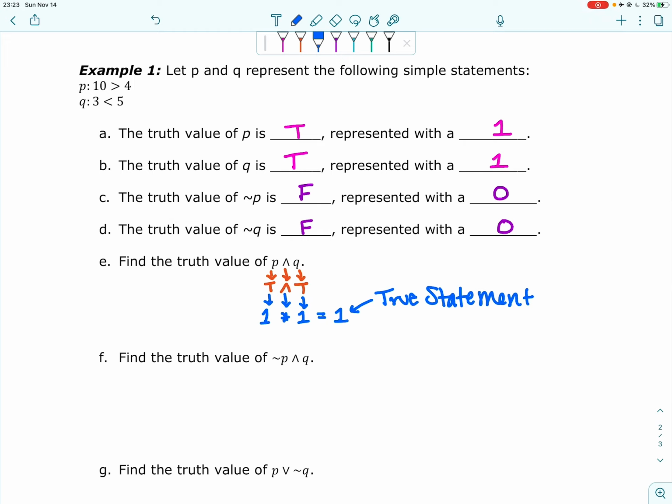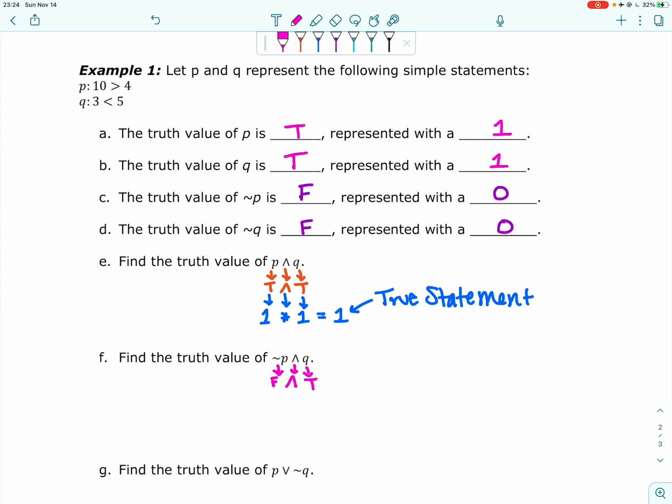So now we're going to look at the next one. I have not P and Q. Not P, I said, was false, and Q is true.